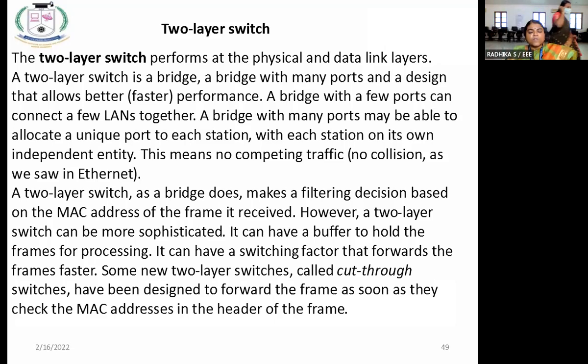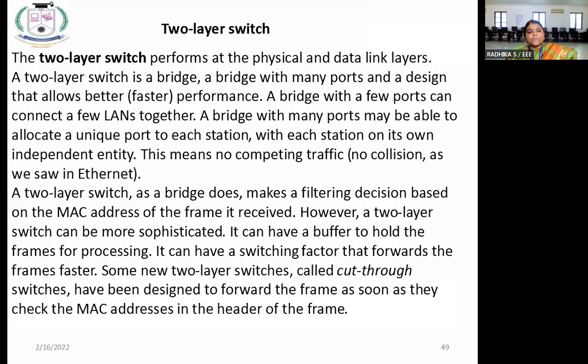The difference is that it is capable of better performance. A bridge with 2 or 3 ports can connect only a few LANs, whereas a 2-layer switch has many ports and the ultimate result is that it is capable of connecting more LANs together.